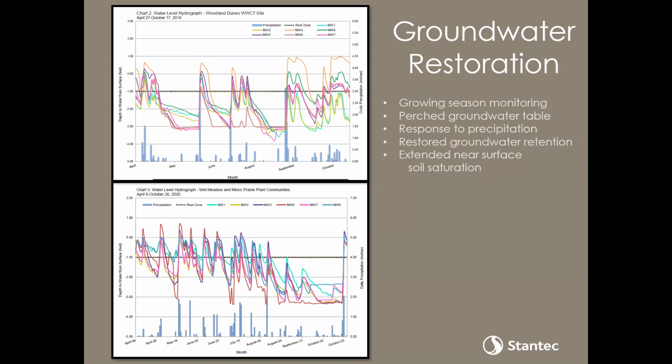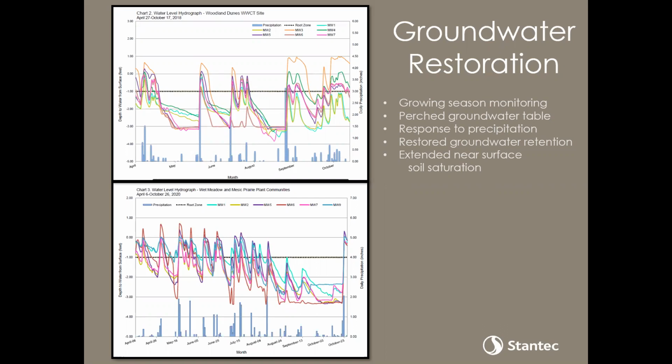The bottom graph is now real live data from this year, from April until just about a month ago, let's say, till the end of October. And what you see in this graph is we've modified the hydrology, we broke the drain tiles, and you see these graphs pulse according to precip, but they don't flash as fast. So they don't drop quite as fast.